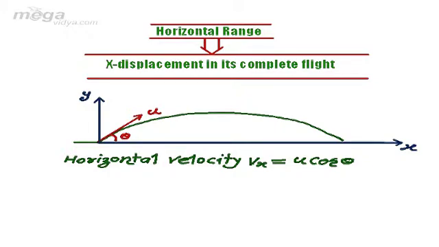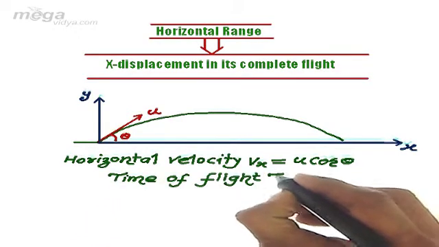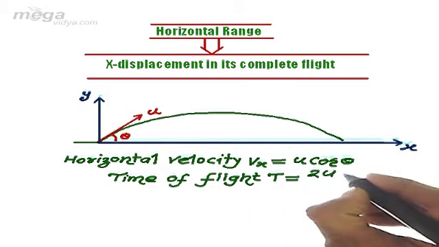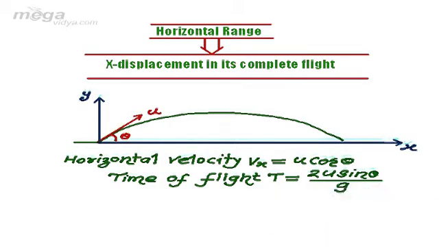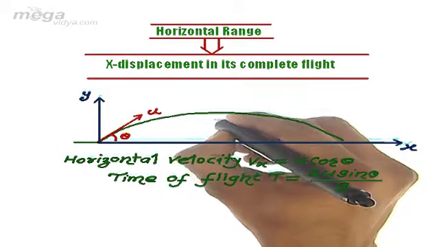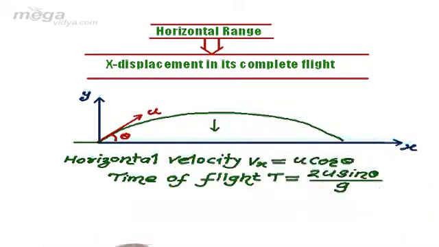Now we have earlier achieved the time of flight for this projectile, which was capital T equal to twice u sine theta divided by g, where g is the acceleration due to gravity under which this particle is performing projectile motion.